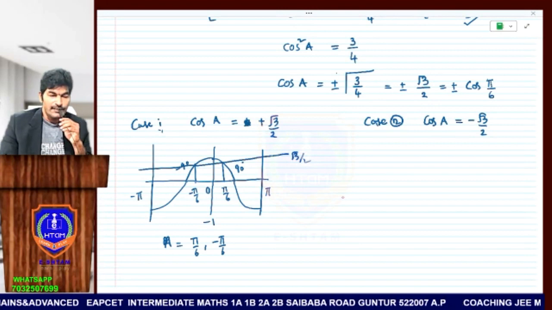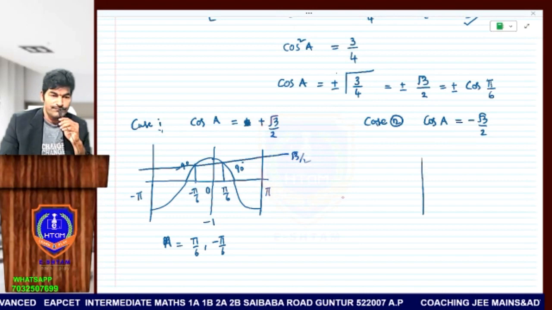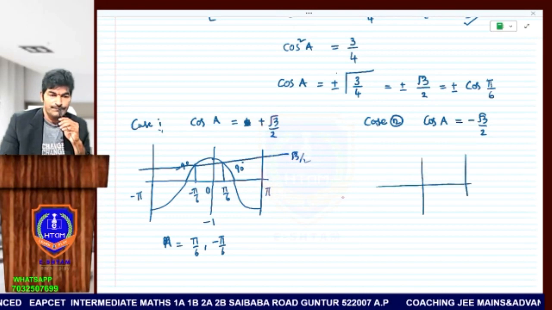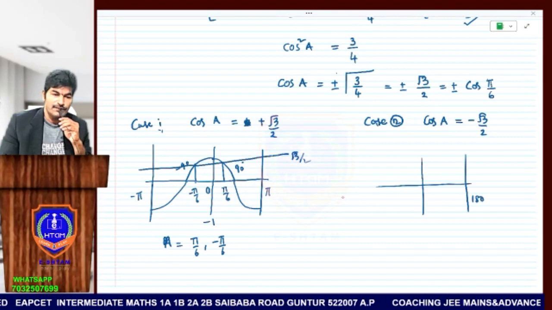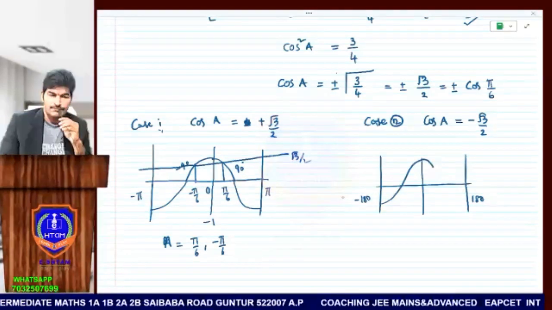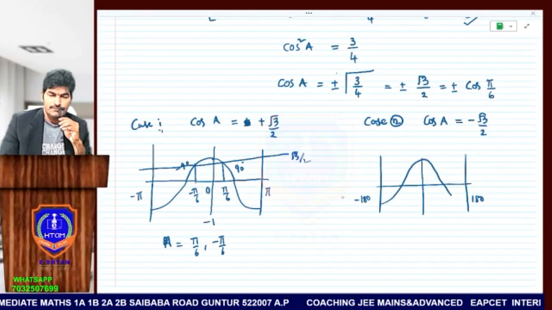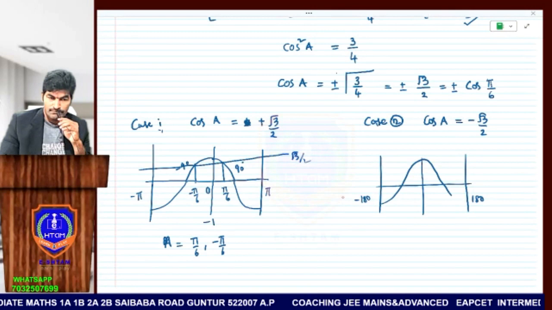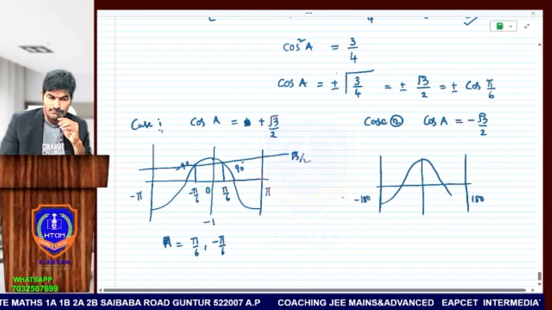And the next case, take the same graph. This is plus 180 and this is minus 180. And the graph was looking like this. Odd pi is minus 1.